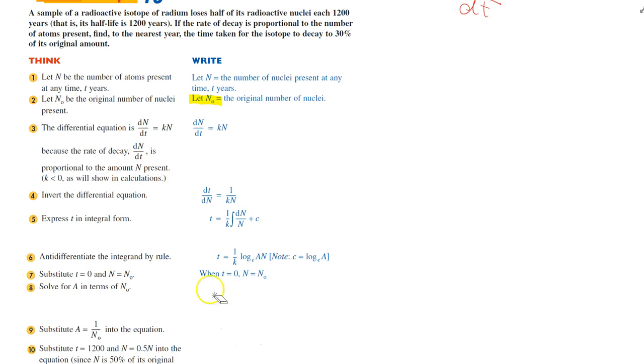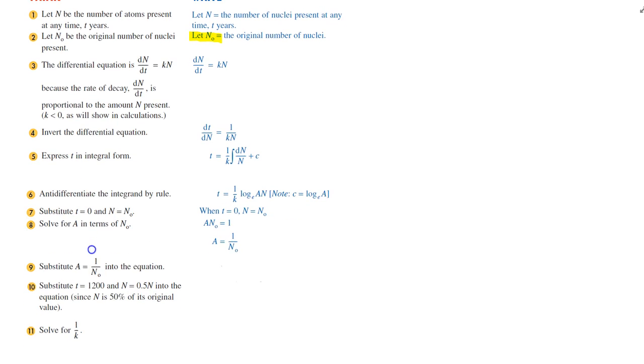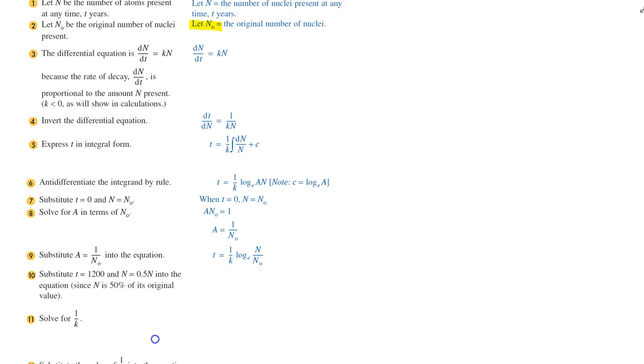When time equals 0, N equals N0, aN0 equals 1, which means that a equals 1 on N0. So if we sub 1 on N0 in for a, we'll get t equals 1 on k log base e of N on N0.